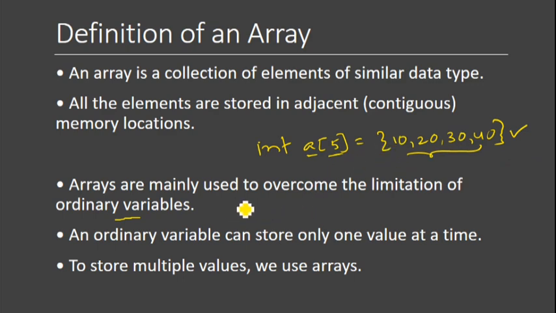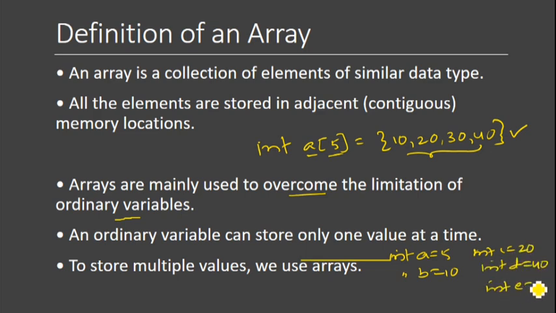Arrays are mainly used to overcome the limitation of ordinary variable. For example, I would like to declare 5 variables by using ordinary variables. I am writing int a = 5, int b = 10, int c = 20, int d = 40, int e = 50.